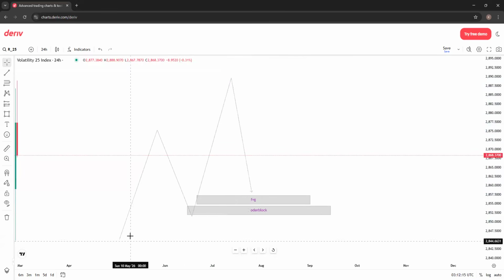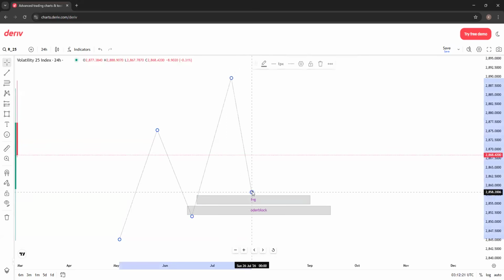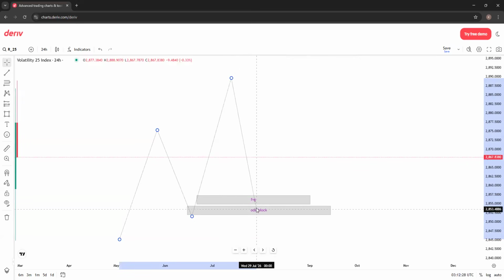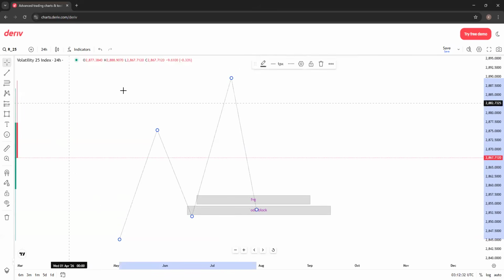The reality of things is it works in two ways. We can have a setup which fills the fair value gap and just comes and tips on the order block, or just ends a bit in the order block and then it buys.